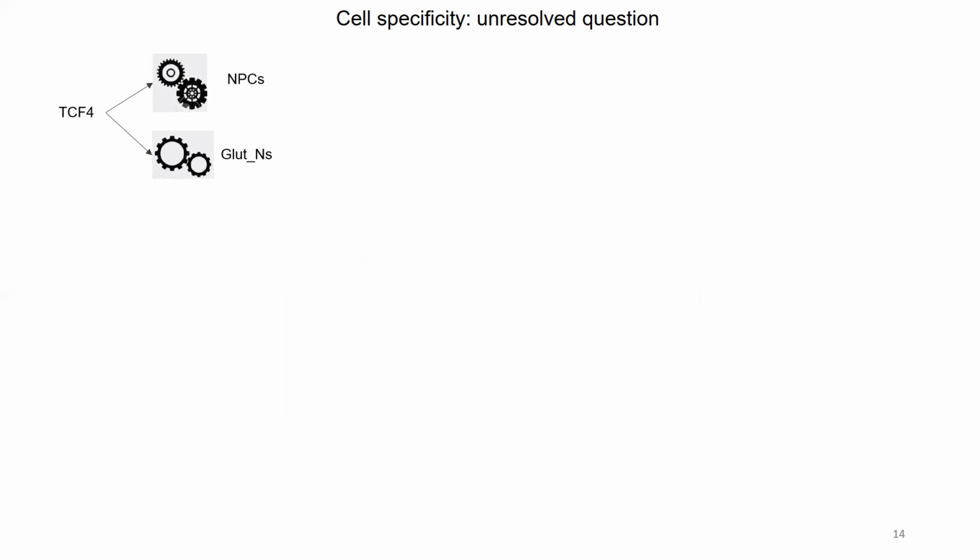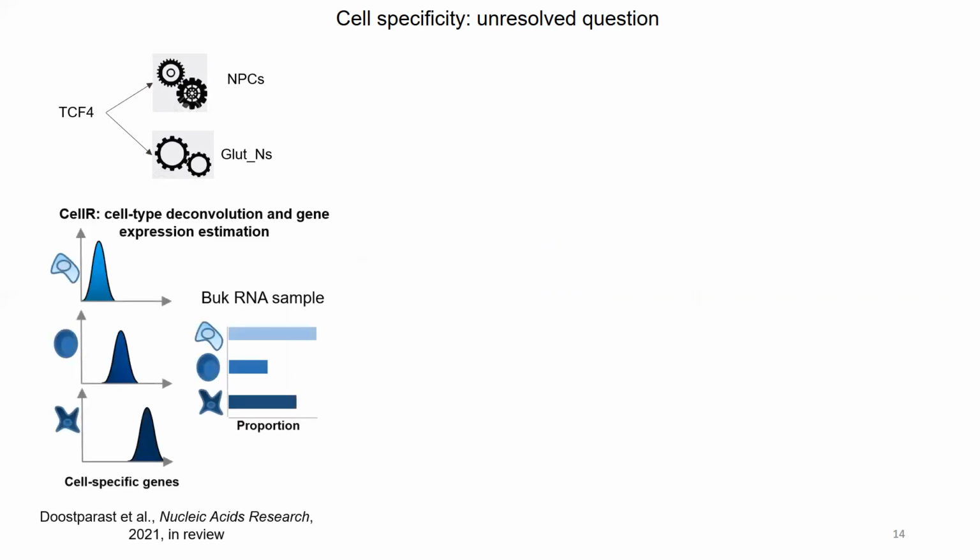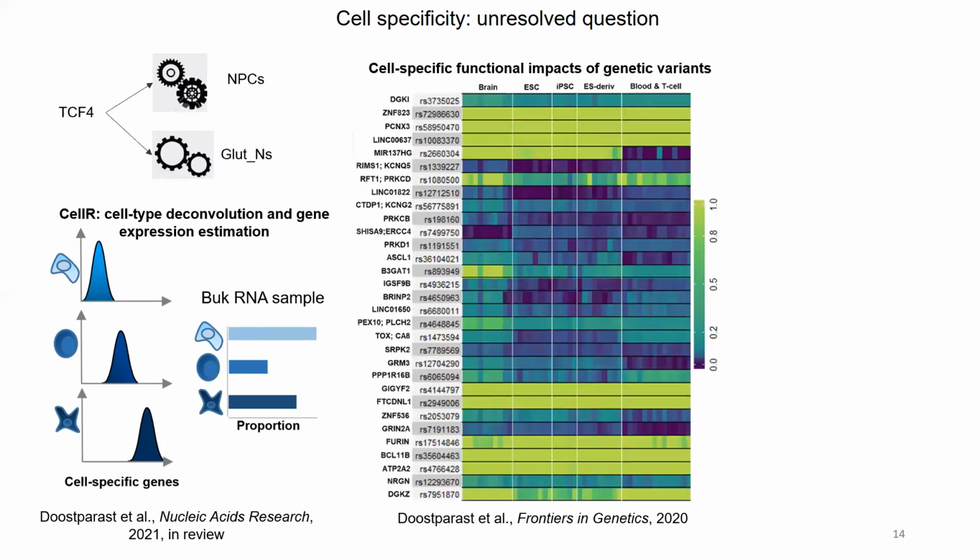On the other hand, computational methods designed for handling bulk RNA-seq data are not able to distinguish the source of signals extracted from the data, since the libraries are a heterogeneous mixture of multiple cell types. Moreover, in a recent study, we also showed how differently the functional impacts of schizophrenia genetic variants are in different cell types.